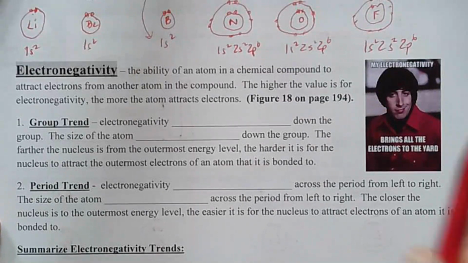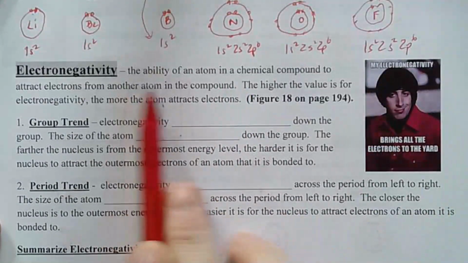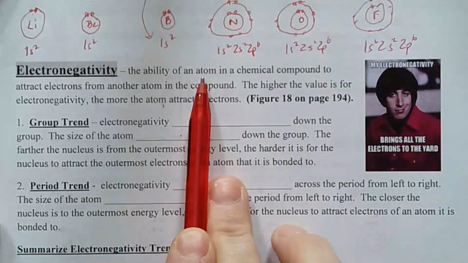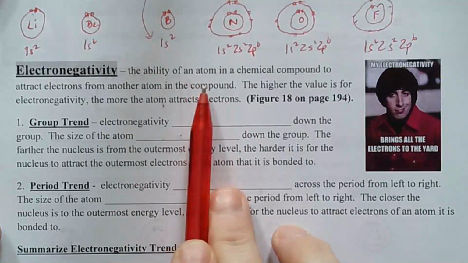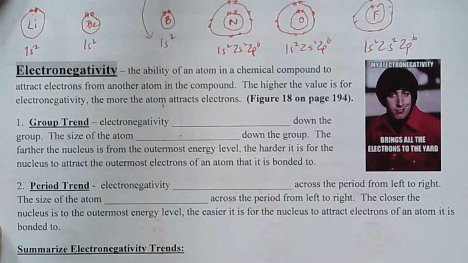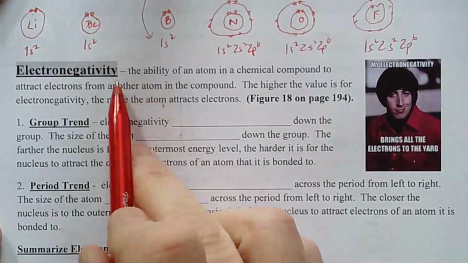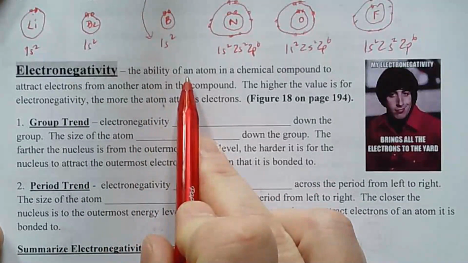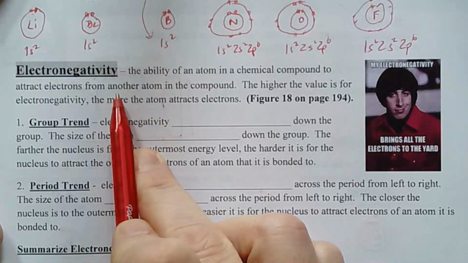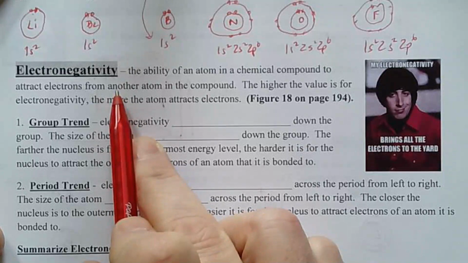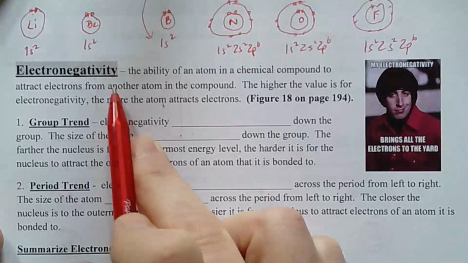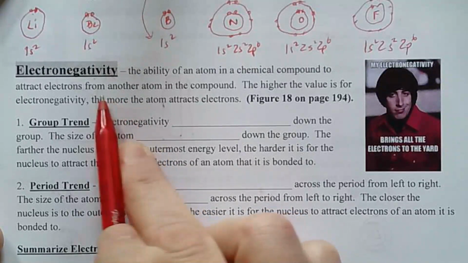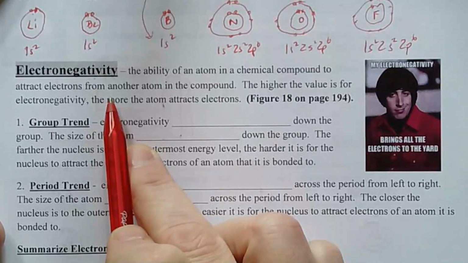Because if an atom has a very small amount of force of attraction between its outermost electrons and its nucleus, that means it is going to have a very small electronegativity value, because if it hardly has any force of attraction between its own outermost electrons and the nucleus, well, another atom's outermost electrons are never going to be any closer than its own outermost electrons.